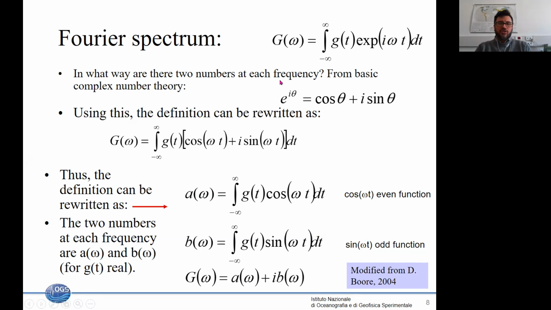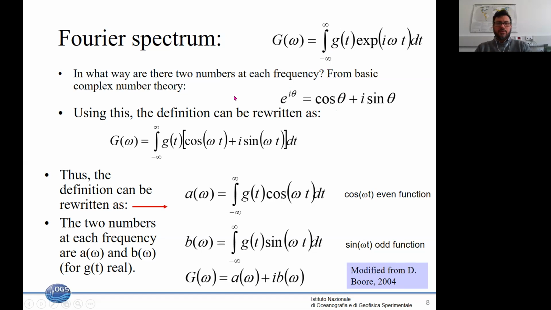This exponential term can be simply written in the form of a complex number, where we have a real part, which is the cos of ωt, plus an imaginary part that is described by the sine function of ωt. So θ is just ωt in our case.